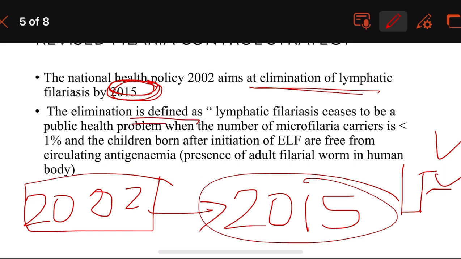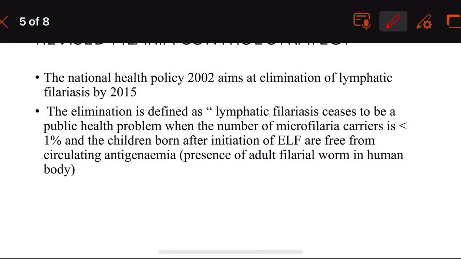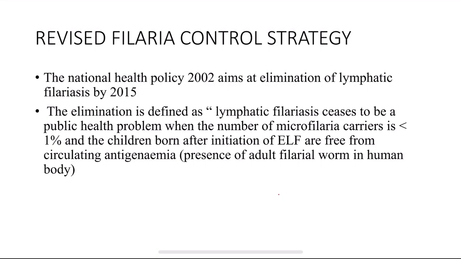How did they define this elimination? They defined elimination as lymphatic filariasis ceasing to be a public health problem, when the number of microfilaria carriers is less than 1%, and the children born after the initiation of the lymphatic filariasis elimination program should be free from circulating antigenemia, which is nothing but the presence of adult filaria worms in the human body.